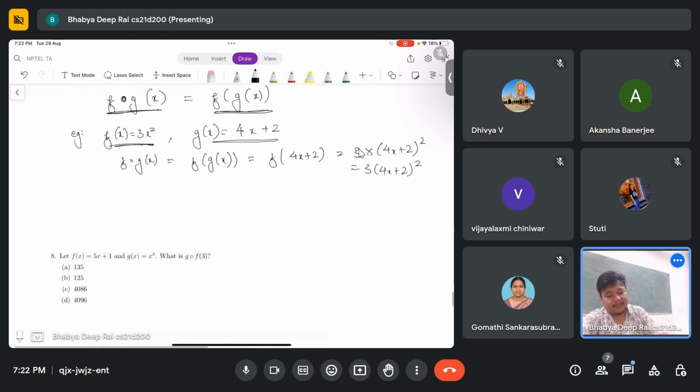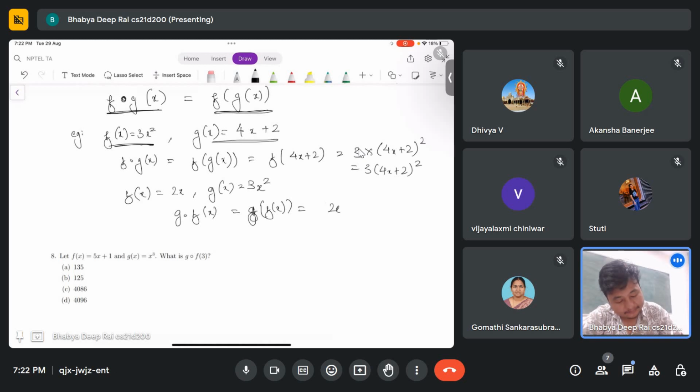Or another simpler example: F of X is 2x, G of X is 3x square. This time let's do G compose F of X, which is G of F of X. What is F of X? 2x.